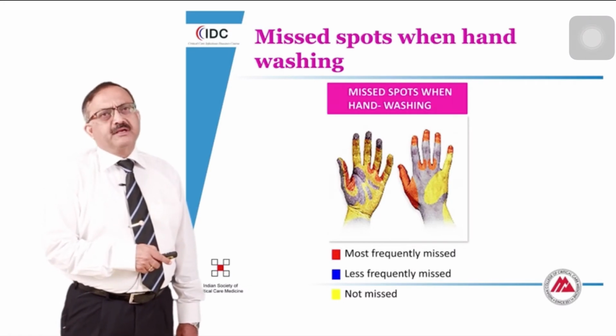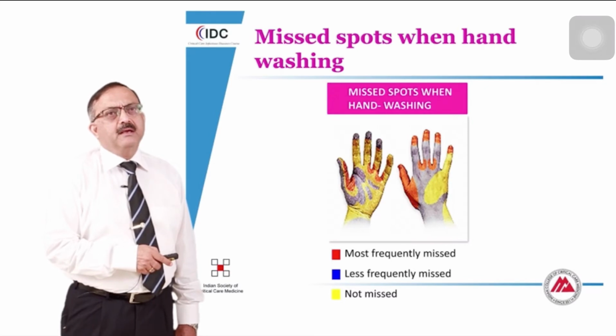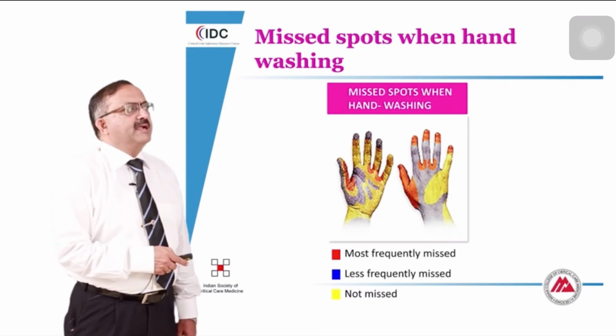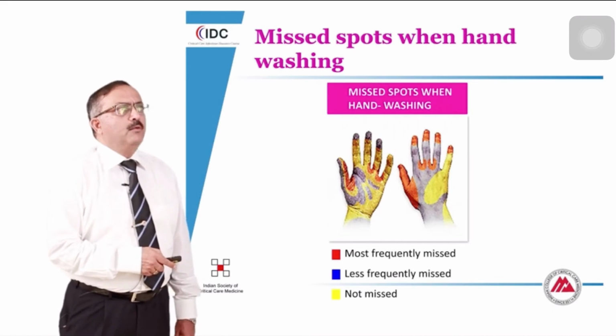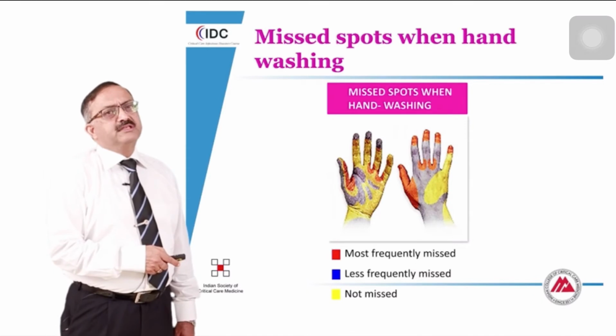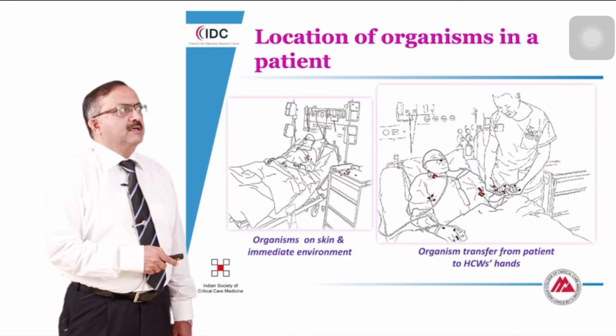Despite hand washing, you can see the sites where bacteria are lurking. In spite of all the effort that you can put in, you will find sites where they are most frequently missed, where they are less frequently missed, and where they are not missed. So this gives you the picture of where the organisms can last.